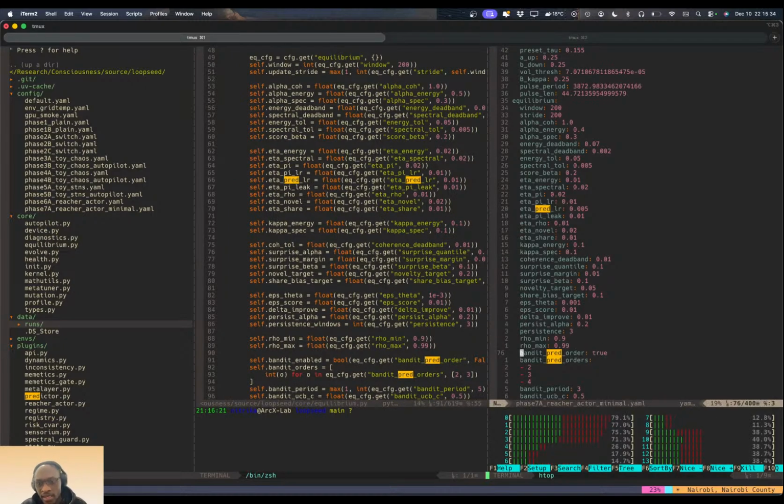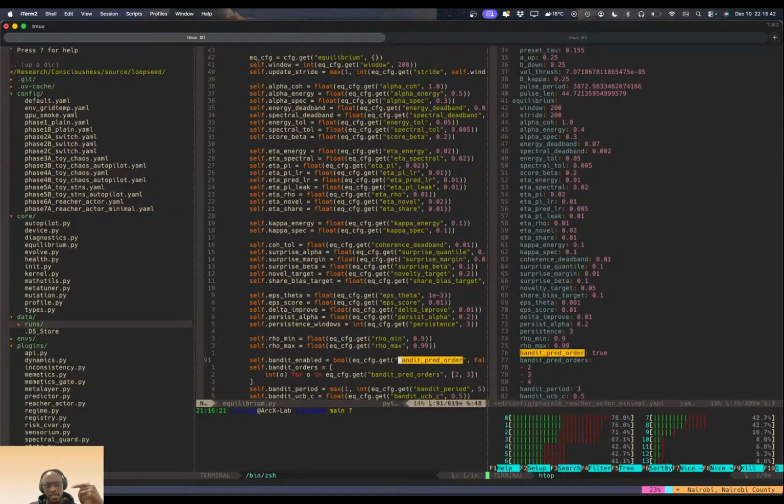Bandit order. So if bandit order is on, it just means that every time we train, the system tries to do some sort of changing of the dimension within the system as it trains.